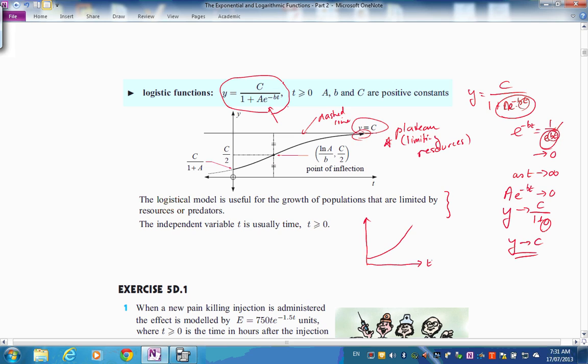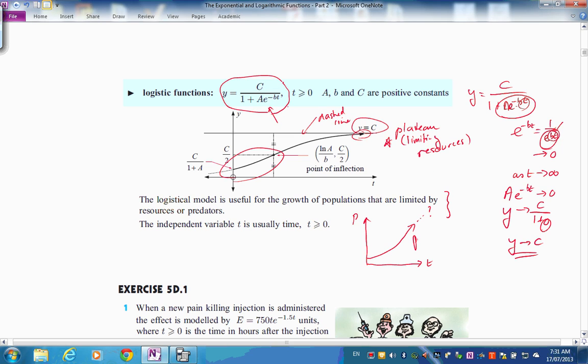We've got here, let's say that's a population. That's the first part of the function in here. But would it go on forever? I mentioned this in the last part. No, nothing goes on forever like that. Resources are going to run out, or predators are going to come in.